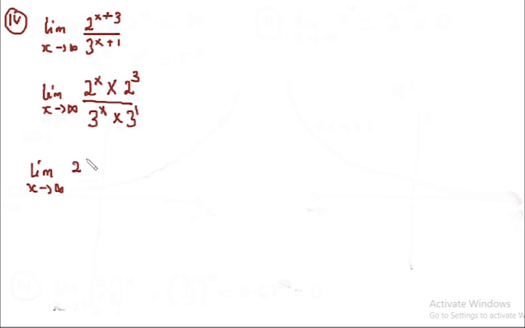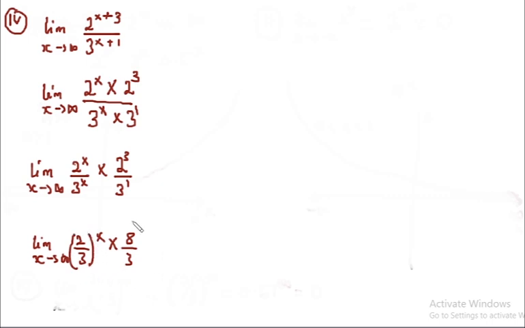So this is 2 to the power of x divided by 3 to the power of x, times 2 to the power of 3 divided by 3 to the power of 1. Since they have the power of x here, I can still rewrite this as the limit as x approaches infinity of (2 over 3) to the power of x times 2 to the power of 3, which is 8 over 3.